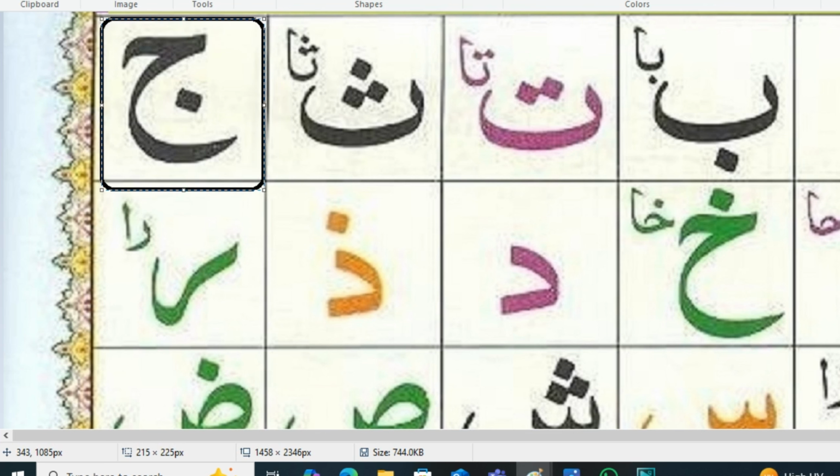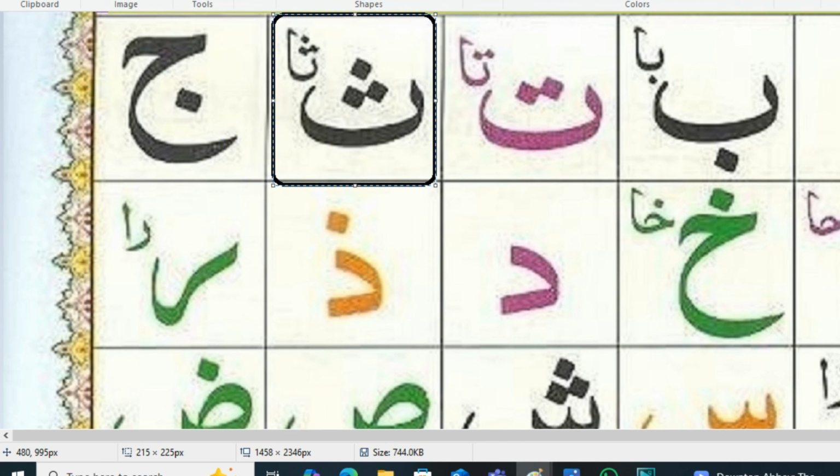Now you try. What is this? I told you in the last one, the shape looks like a bird with one dot in the middle. It is what? Jeem. What is this? Jeem. We will long it for 5 seconds.